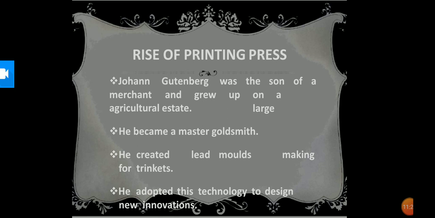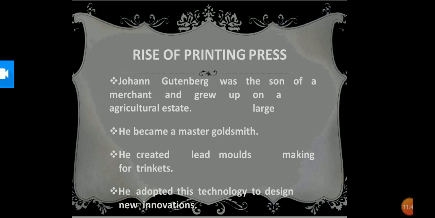Drawing on this kind of knowledge, Gutenberg adapted existing technology to design his innovation. The olive press provided the model for the printing press, and molds were used for casting the metal types for the letters of the alphabet.